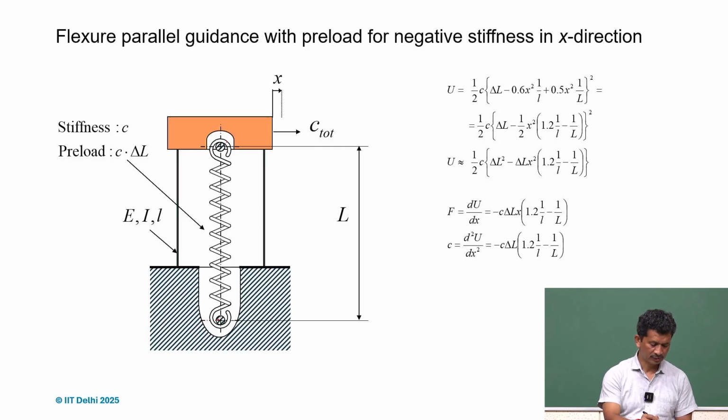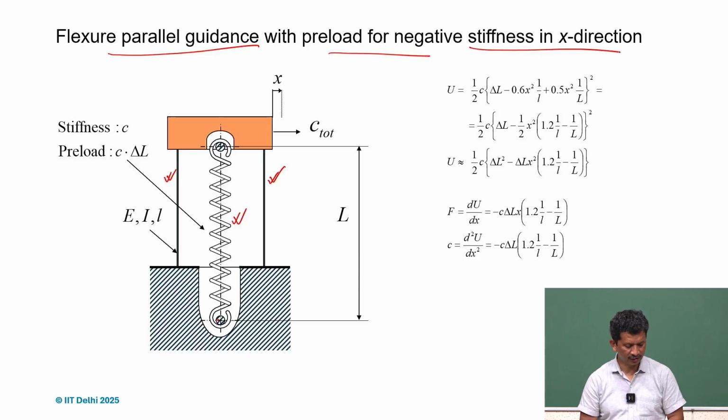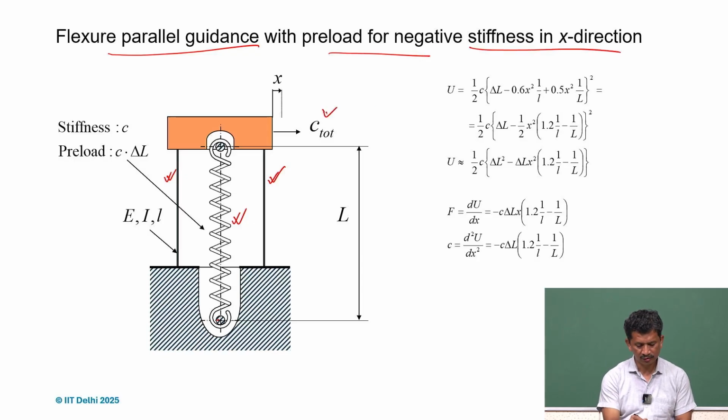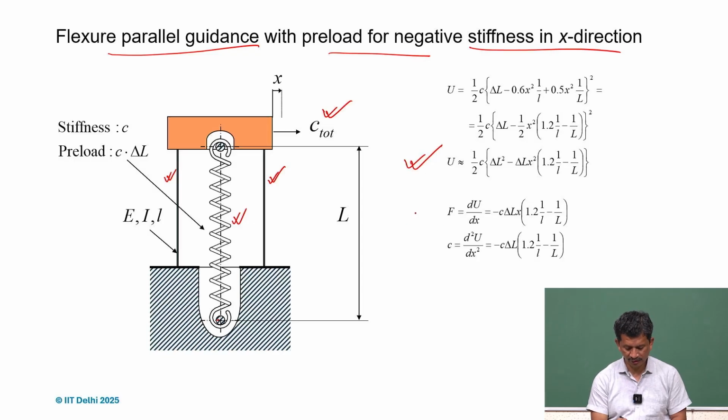This is the spring which is preloading these flexures, the sheet flexures, we can call them. So we have the flexure parallel guidance with preload, and we ask whether we can get negative stiffness in the x direction, C total. Again we use the potential energy formulation, and if we take the first derivative we get the force, and then the second derivative we get the stiffness.